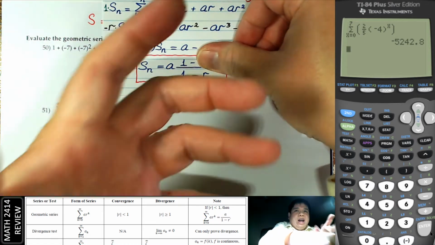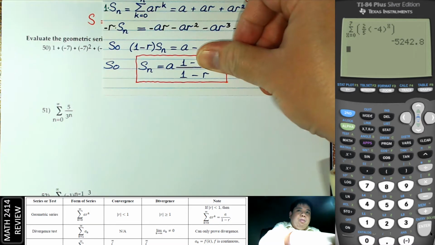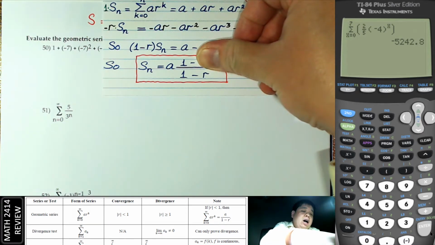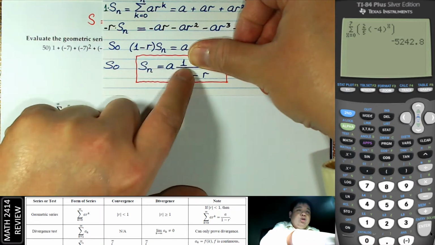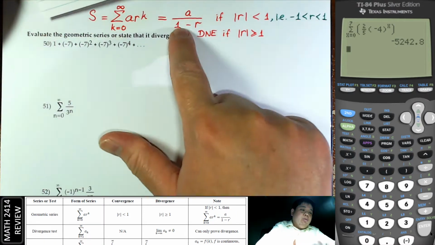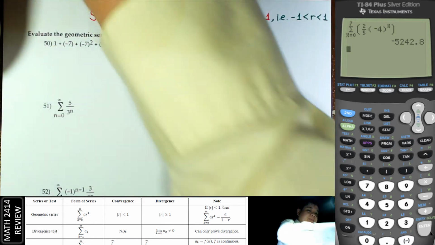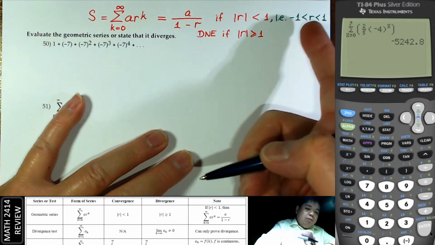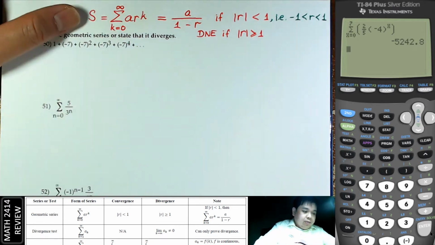Like if you take 1/2 and raise to some power, the bigger the power, the smaller that will be. So we just have 1 on the top, multiply a on the top, so a over 1 minus r. So actually that formula, of course, comes from this. Right, so make sure we have that condition.